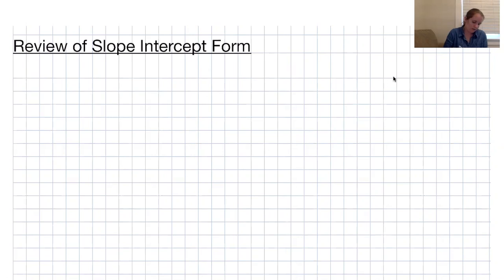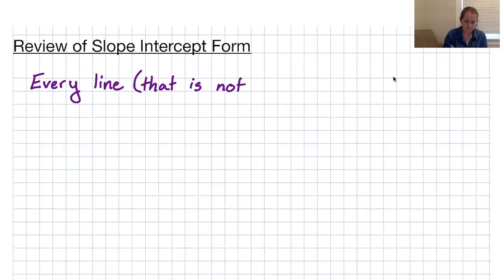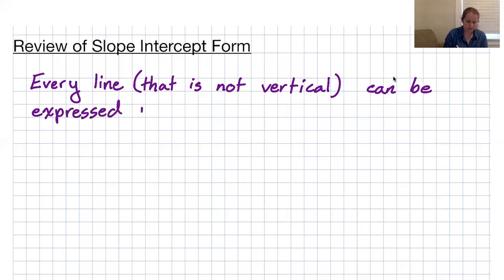So the idea here is every line that is not vertical can be expressed in what is called slope-intercept form.